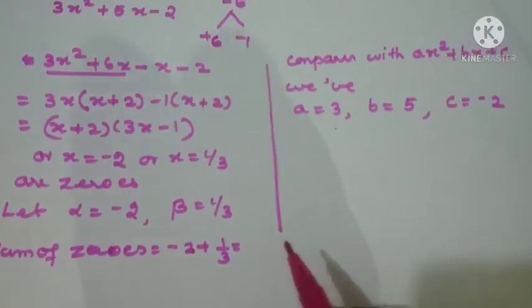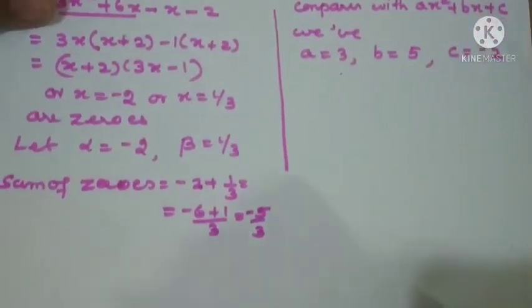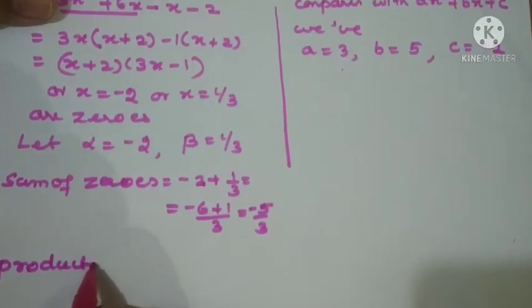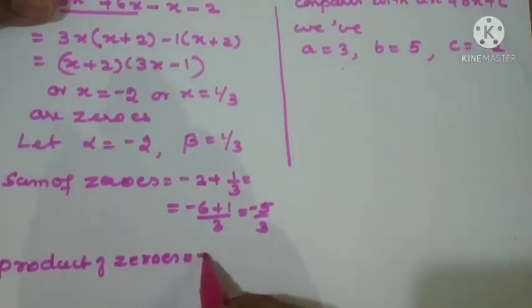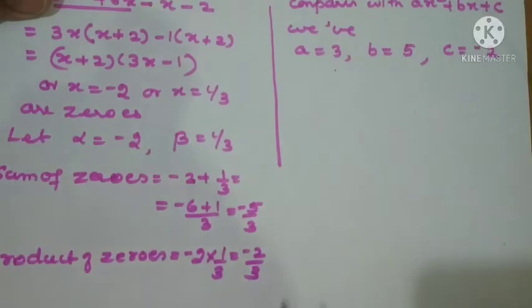You can write here minus 6 plus 1 by 3 equal to minus 5 by 3, right? Similarly, product of the zeros: minus 2 into 1 by 3, which is equal to minus 2 by 3. So we have calculated the sum of the zeros and the product of the zeros, right?